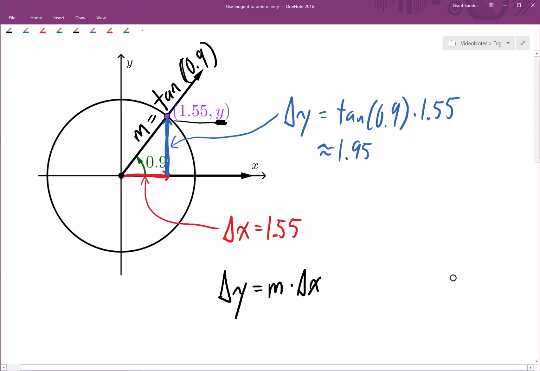So that blue vector has a length of about 1.95, which tells us the value of y is approximately 1.95. That just came from this expression here, so that expression right there is the exact value of that y-coordinate.